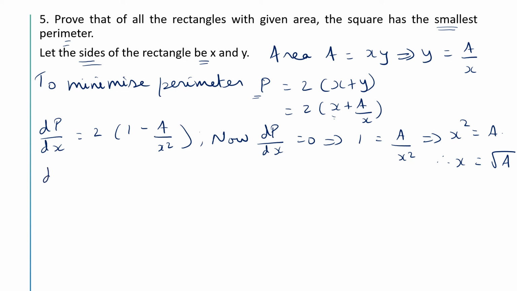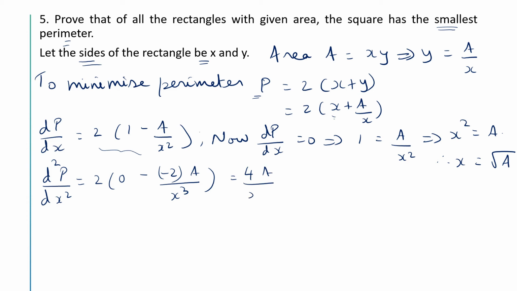Now we will find d square p by dx square and check whether x is equal to root a is the point of local minima. So d square p by dx square, we have to differentiate this function. It is 2 into 0 minus, here minus 2a will be as such, by x cube. So this is equal to 2 into 2, 4a by x cubed.